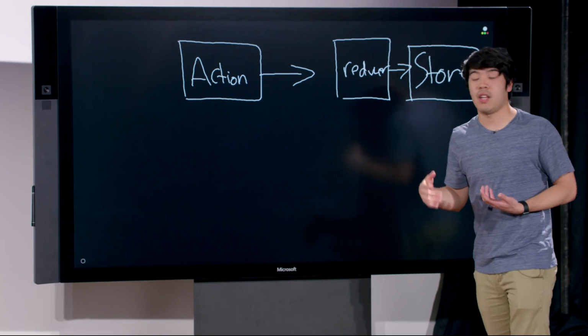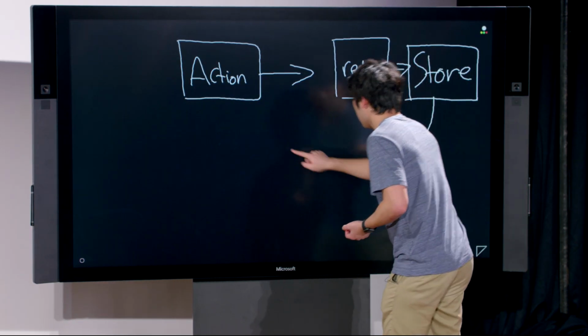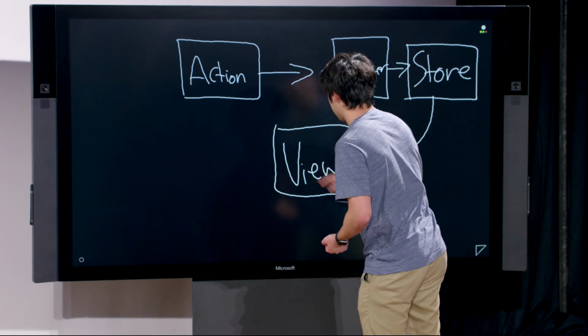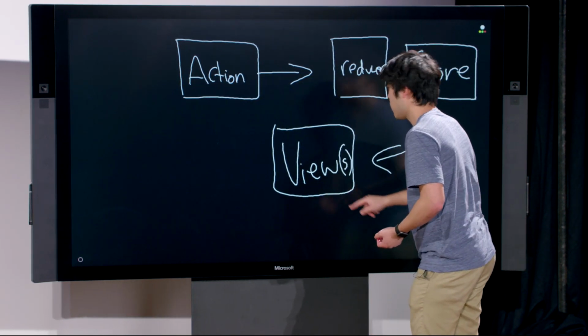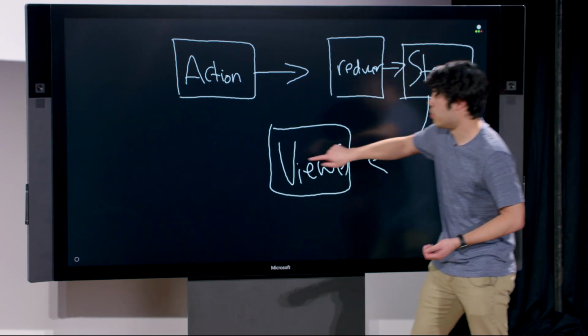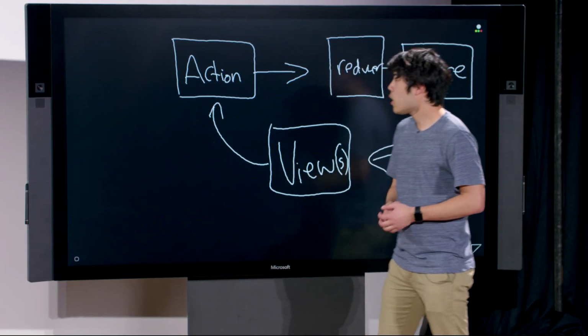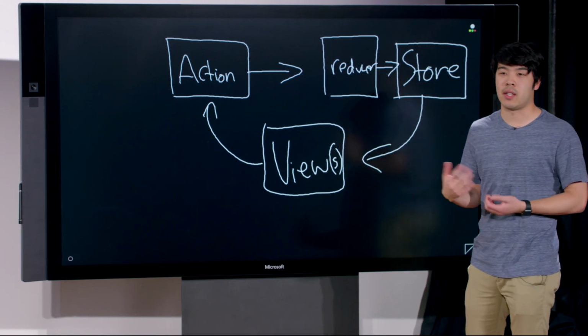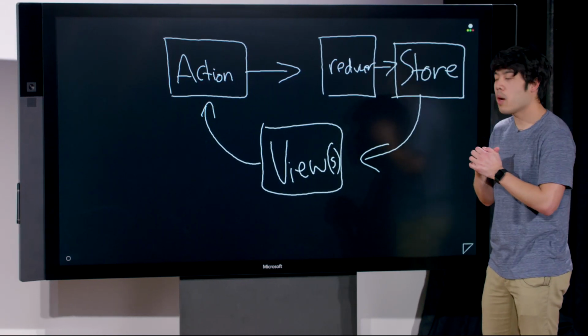And from the store, any views will update. And then from those views, we might kick off another action. So in this model, we're going to have to extend it with some sort of asynchronous ability. Where might we want to do that?